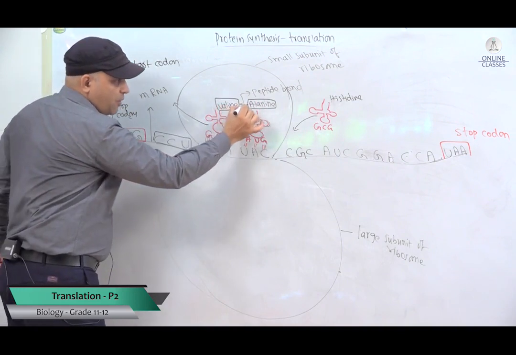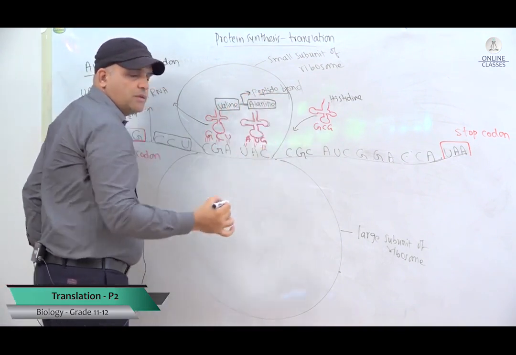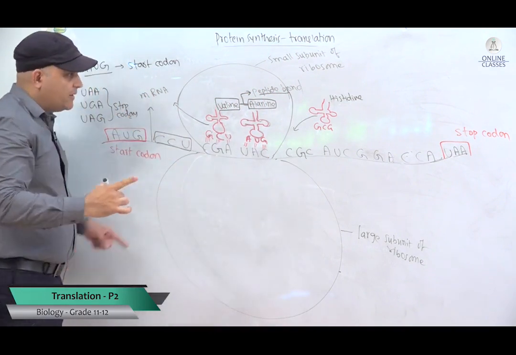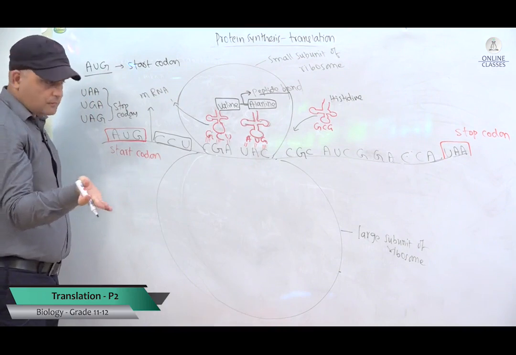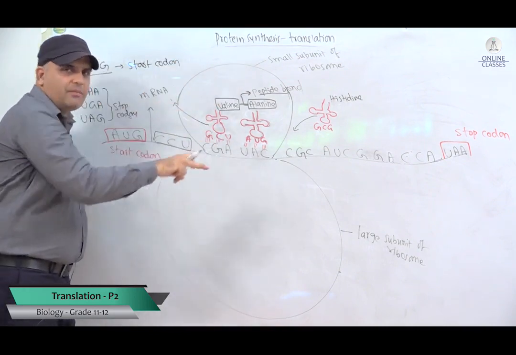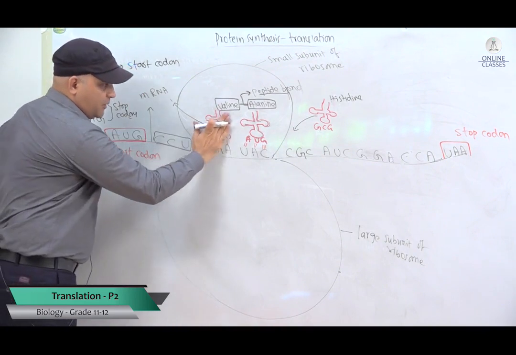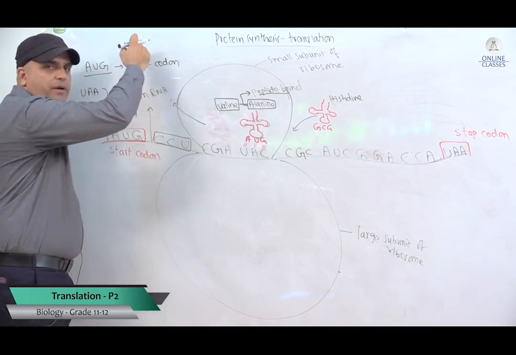So these two will form a bond, name the bond, you get a mark for writing this. They form a peptide bond by condensation reaction, and this tRNA leaves the ribosome. Will it carry the amino acid or leave it there? It will leave the amino acid there itself, and this one gets out of the ribosome.